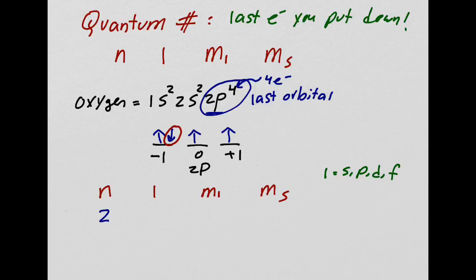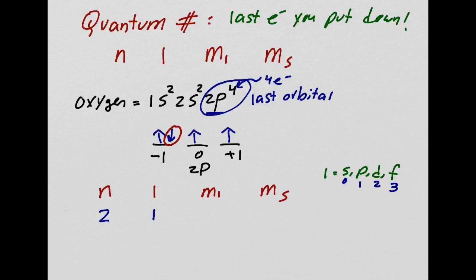So they said S is 0, P is 1, D is 2, F is 3. Because quantum numbers, we have to assign a number to all of them. So L, and again, L means do we have S, P, D, or F? Which one do you have? We have P here. P is 1. We use quantum number 1 for P. Okay, so P would be 1, so L would be 1.